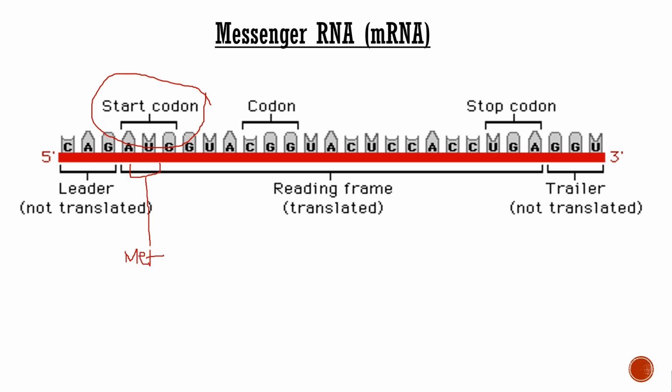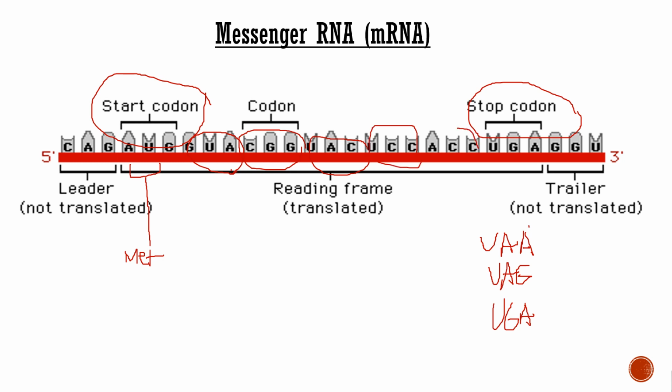And then we have stop codons, which are UAA, UAG, and UGA. Okay, so all other three base sequences here are codons. This is a codon, this is a codon, this is a codon, and this is a codon as well.